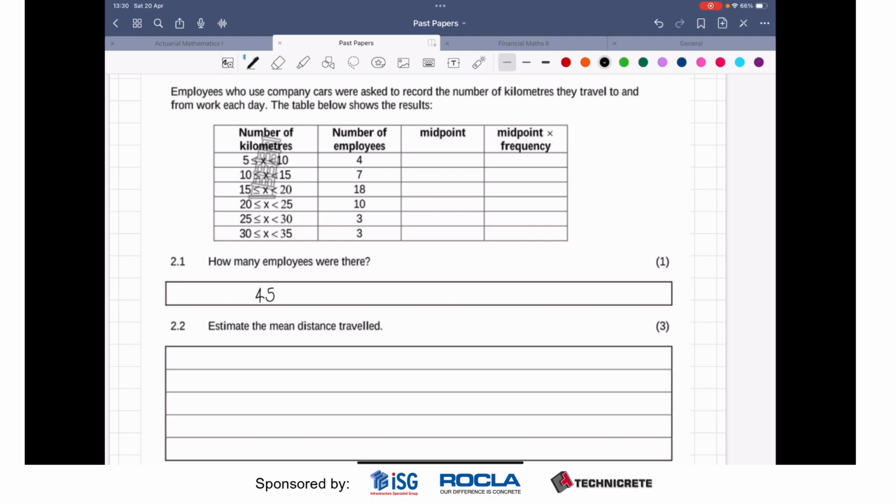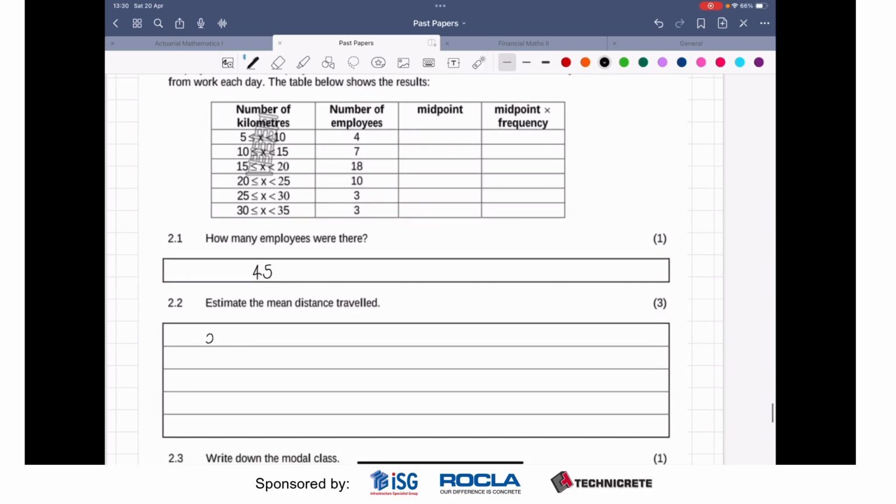Okay, then we want to estimate the mean distance traveled. So we know that the mean is x bar, and x bar is equal to the sum of the x's times the frequency divided by the sum of all the frequencies. So the frequencies are these, and then my x values are here. But because I've got a range of values for each of the x values, right?